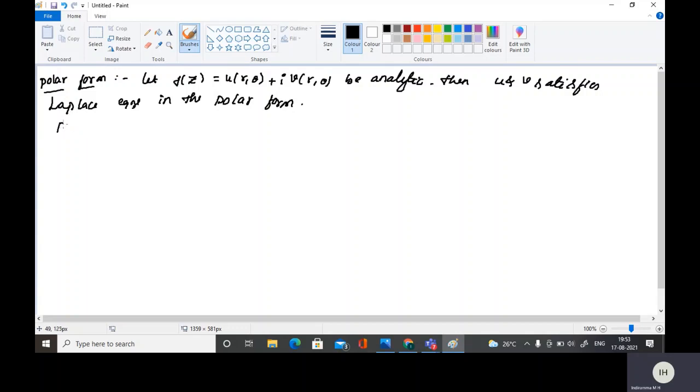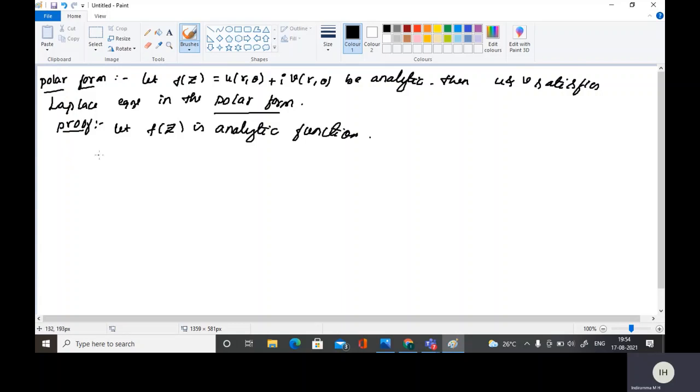Okay, proof. Let f of z be analytic, then it has to satisfy the CR equations in polar form, because we have considered the polar form.